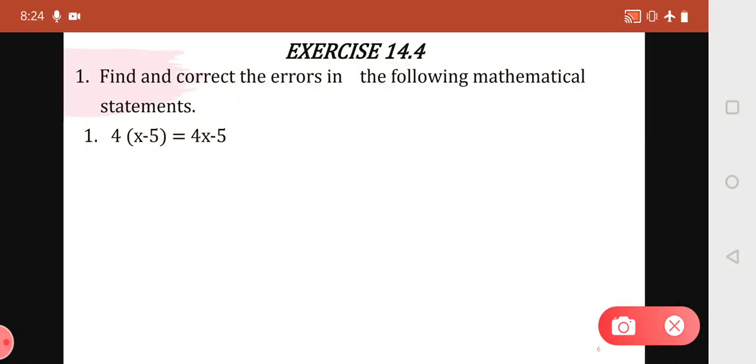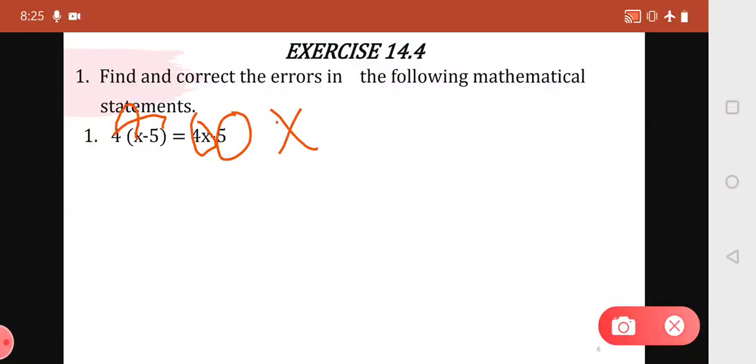That is, here we have to multiply 4, which is the coefficient given outside the bracket, with both the terms given inside the bracket, that is x also and minus 5 also. So we have to multiply 4 by x, which we are getting as 4x here. But when we multiply 4 by minus 5, here we should get minus 20, but we are getting minus 5.